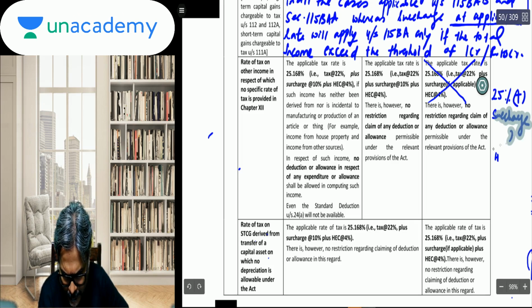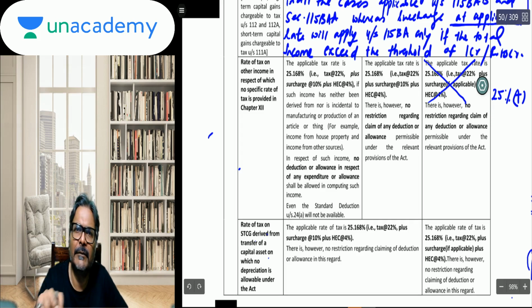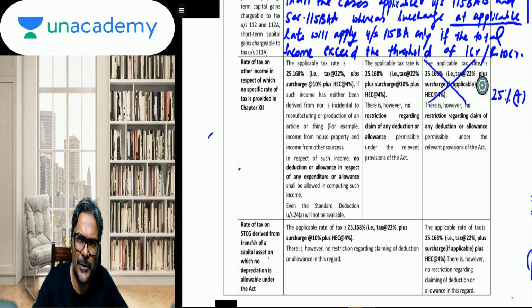For the PDF which I'll be uploading on YouTube later on, I'll make this particular correction which I'm doing over here.